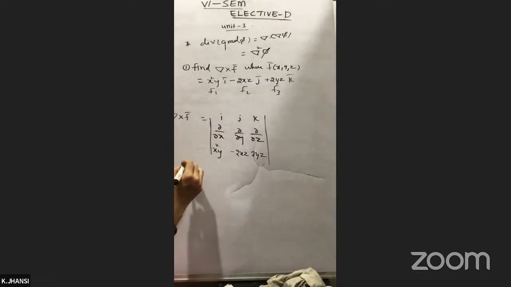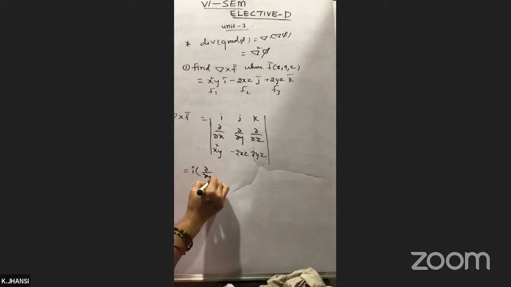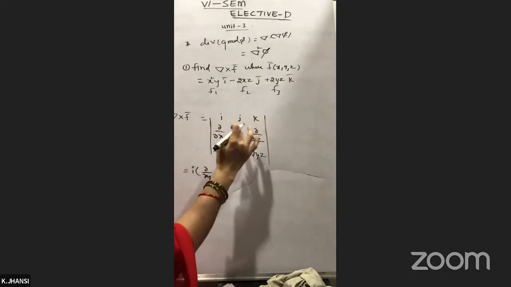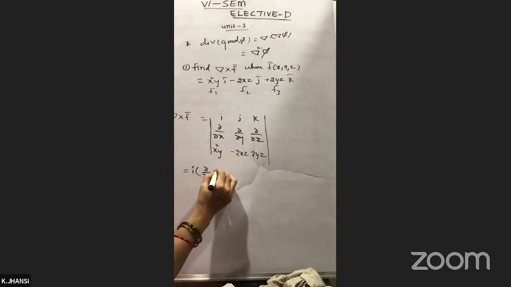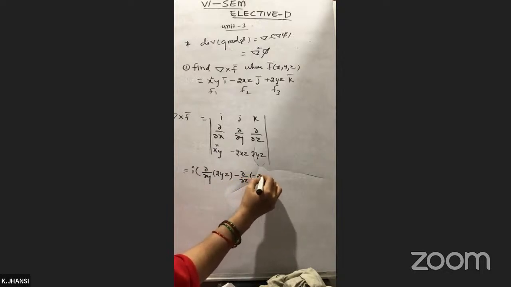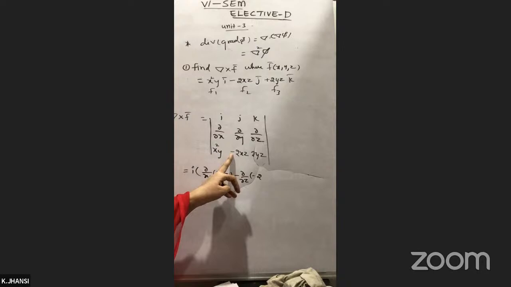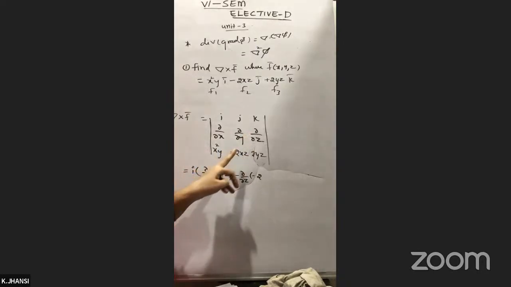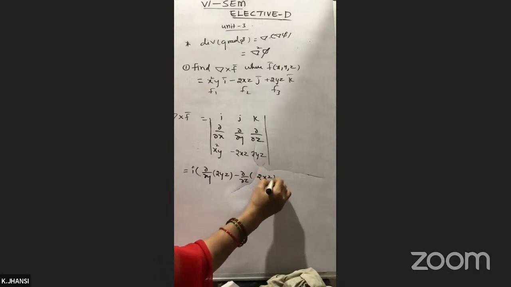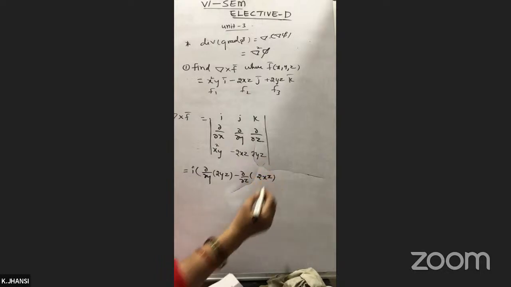So it is equal to i into, eliminating this column and this row, dou y of 2yz minus dou z of minus 2xz. Here minus is there, so minus of minus means you can write plus.